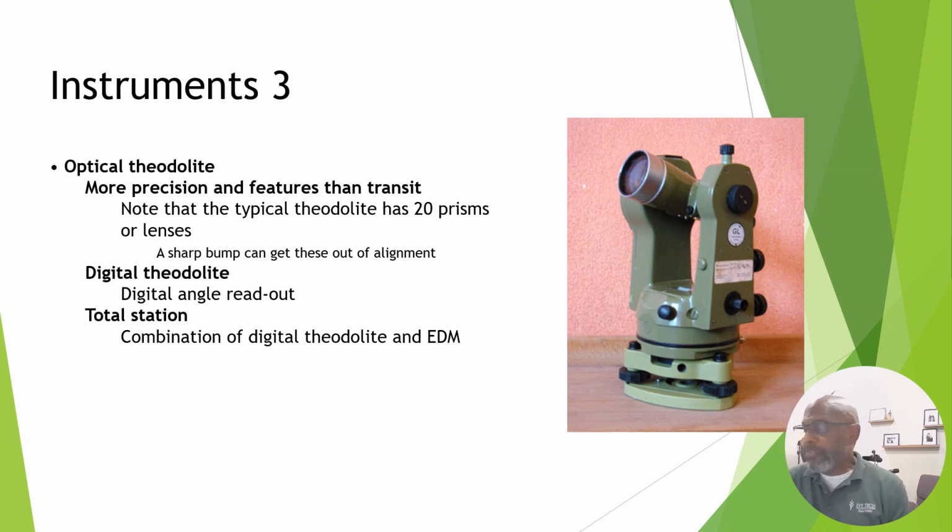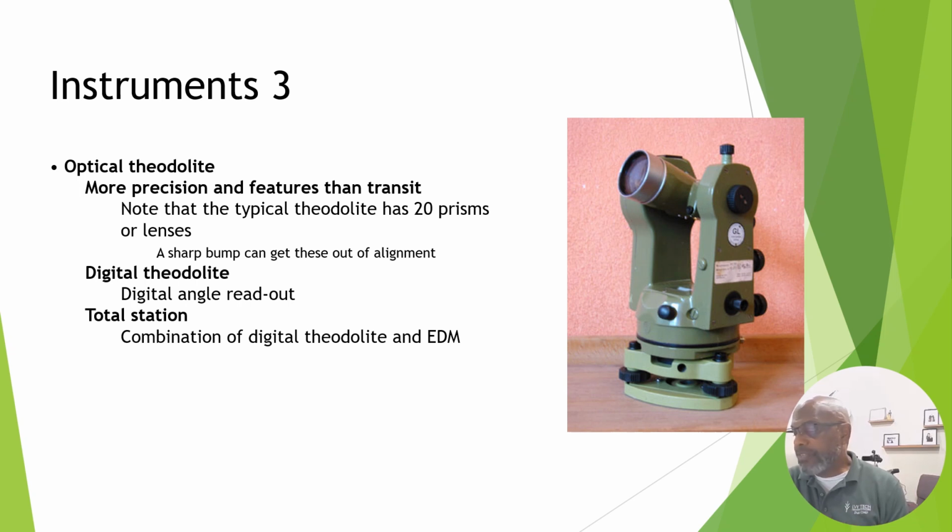So the transit's major contribution to the field of engineering today is that it is a good tool for learning the fundamentals of angle measurements. Its parts are exposed, making it easier to see what is going on during the manipulation of the clamps during the angle measurement process.